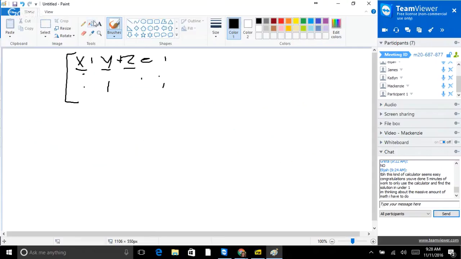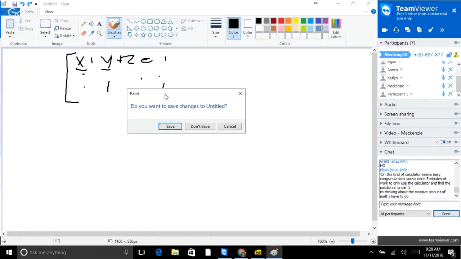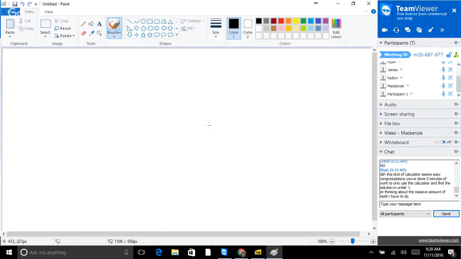So let's actually just go ahead and do an example from your homework. Okay, so number 31 is a problem that you have to do. This is on page 219, and this is number 31.